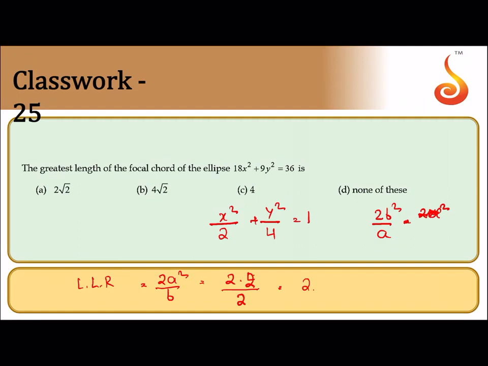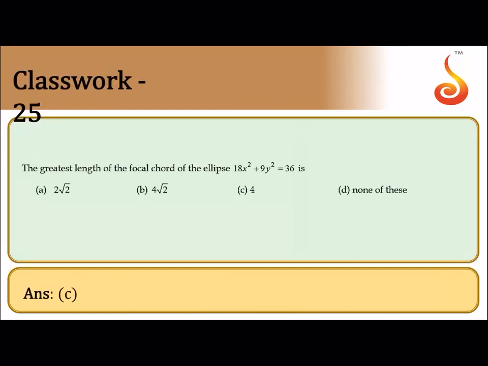This will give you answer 2, because it is a reverse ellipse. So 2a square, 2 into 2 by b value, is equal to 2. Option C, no, none of these will come.